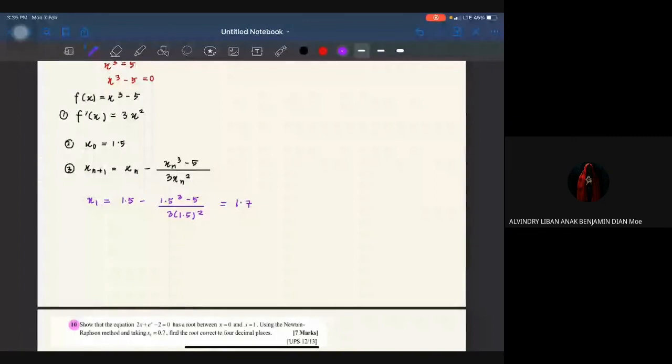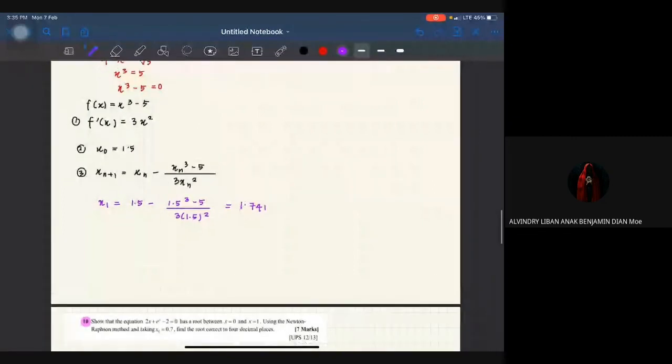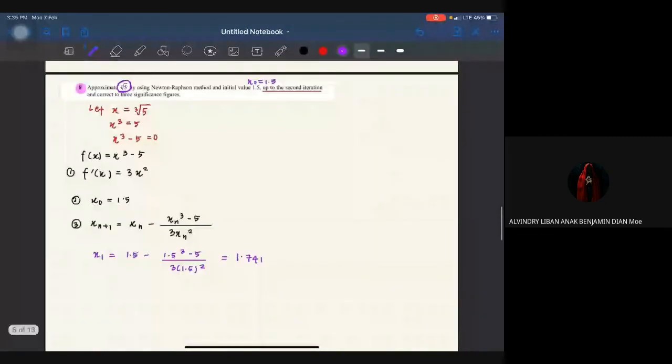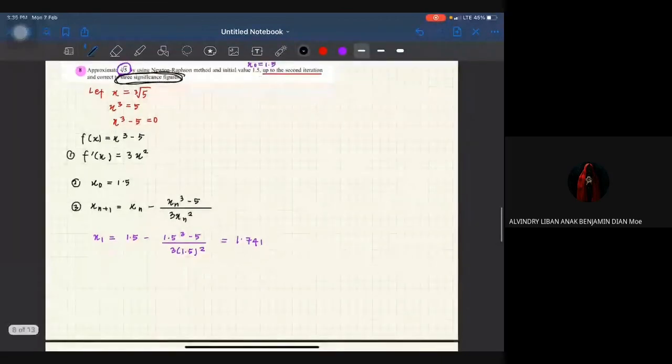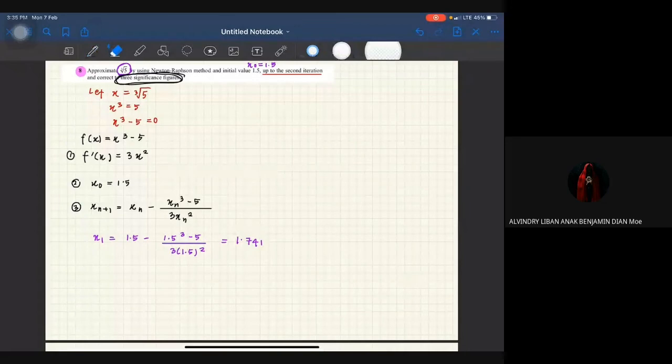Okay, kenapa kita ambil sampai 3 decimal places sahaja? Kat sini soalan dia tak guna decimal places. Dia mention kat kita 3 significant figures. Untuk kita punya working, kita akan guna 4 significant figures. So ni 1, 2, 3, 4. 4 significant figures. Settle.